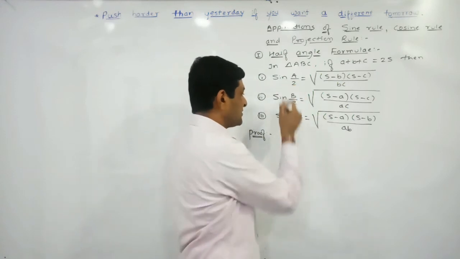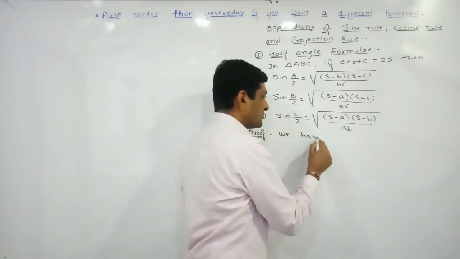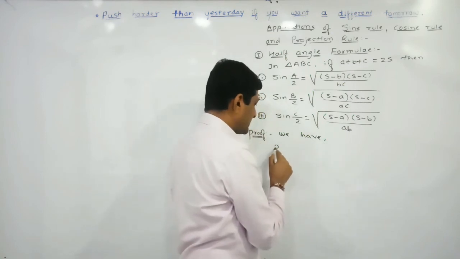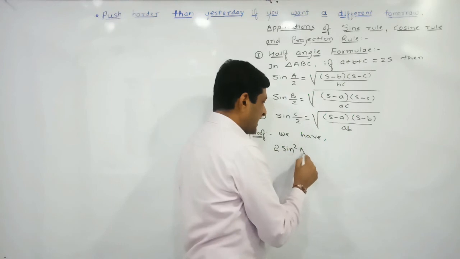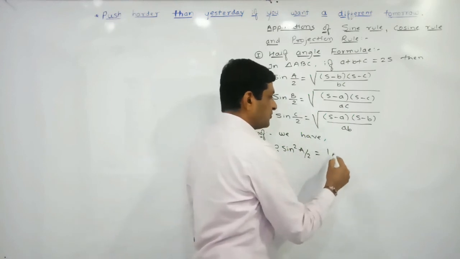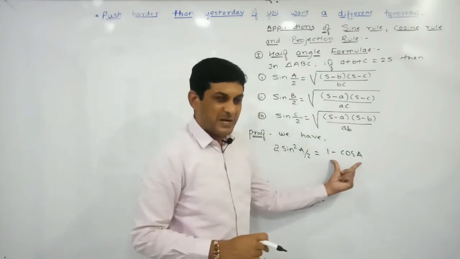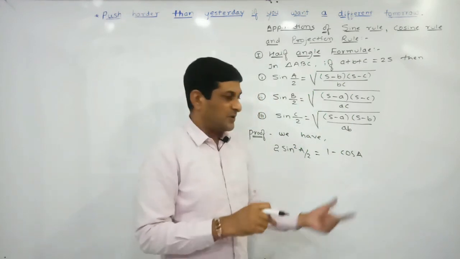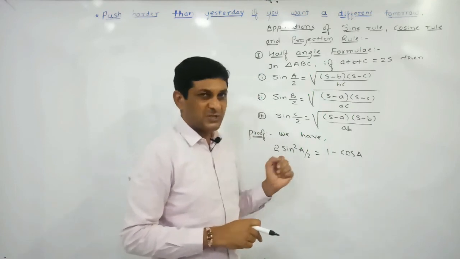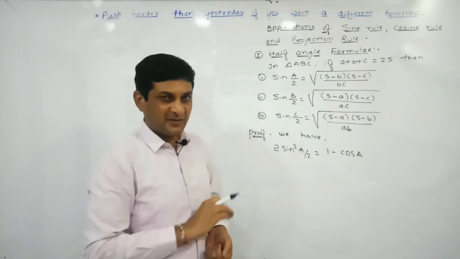To prove this formula, we are using the half angle formula. We have one half angle formula: 2 sine square A by 2 is equal to 1 minus cos A. Already we know that 1 minus cos theta is equal to 2 sine square theta by 2. In the same way, 1 minus cos A is equal to 2 sine square A by 2. We get this result by applying the half angle formula.